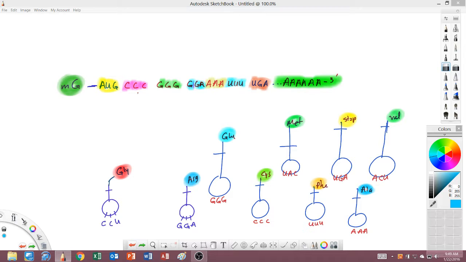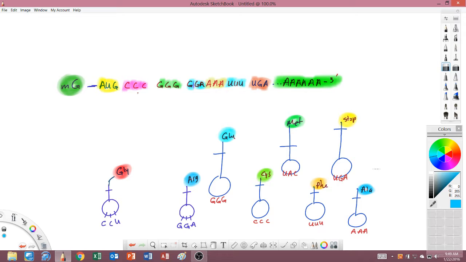UGA is a stop codon on the mRNA. The anticodon on the tRNA, remember, it has to be an anticodon. There's no tRNA for UGA. That's correct. So there's no such thing. Okay. So this, let's erase it and call it a different amino acid. Just call it alanine or valine.